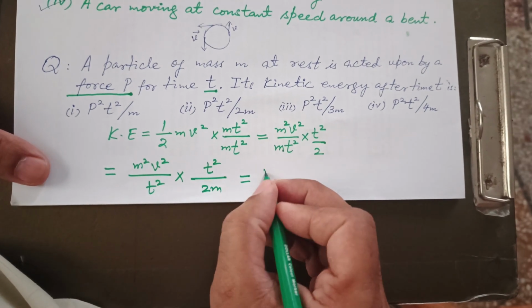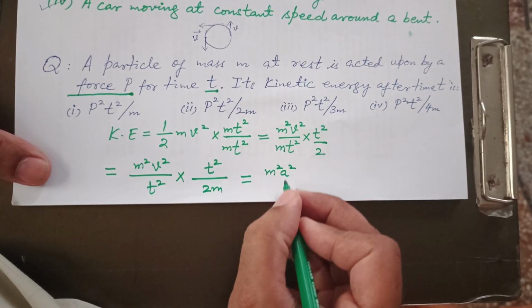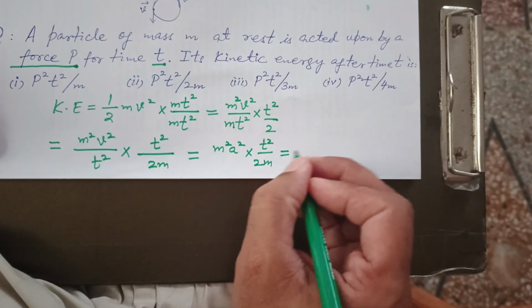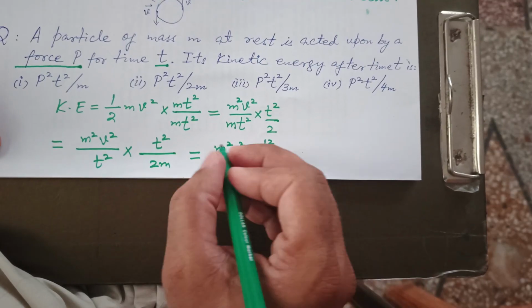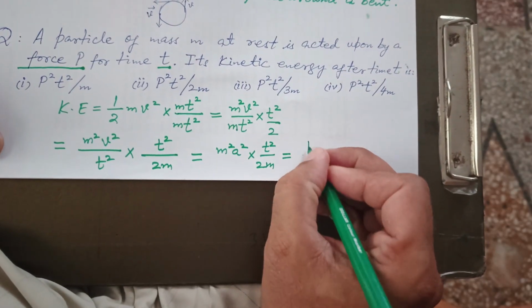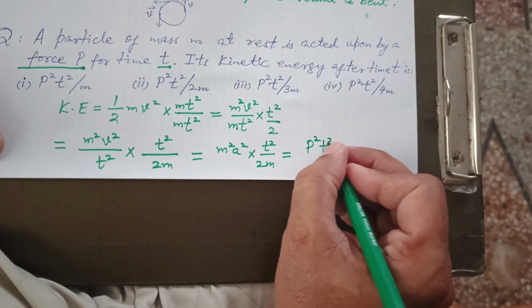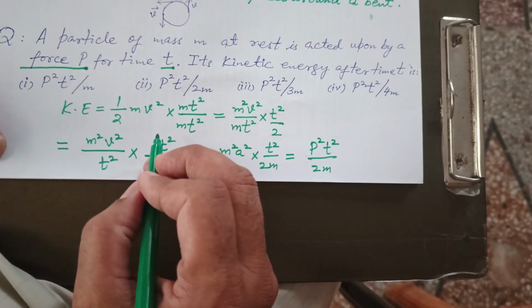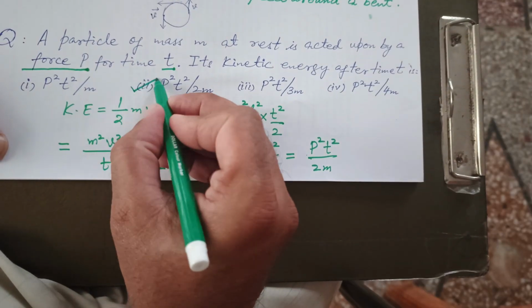So this becomes m² a², and this is t² by 2m. So you'll get force, and force is given by P. So this is P² t² over 2m. So the correct option is the second one.